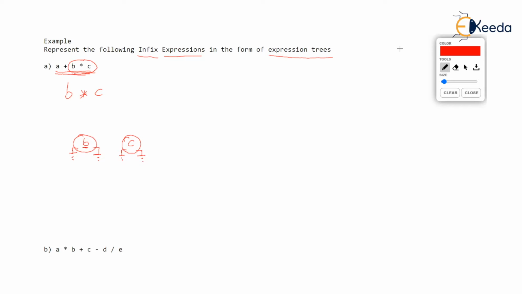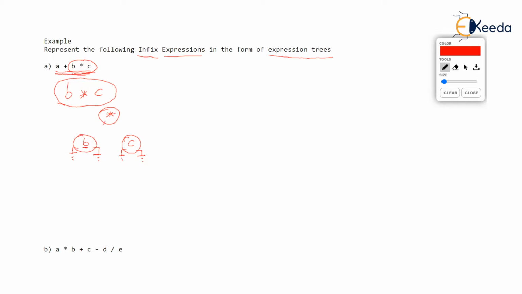And in b into c, we have got operator into, that is multiply. Then we will make a node of a binary tree and store operator in that node. Now, any node which stores operator is always a non-leaf node. That means it will have children, child node.